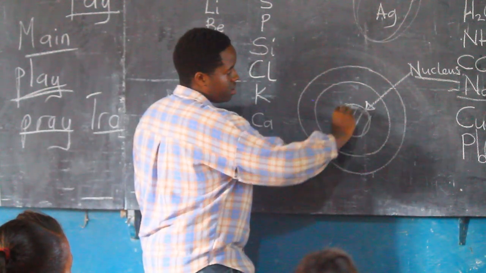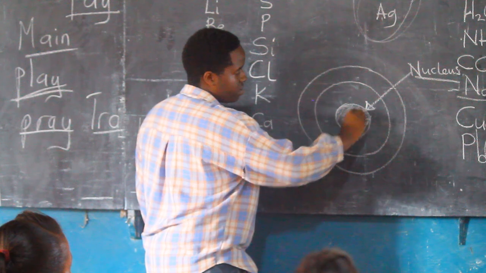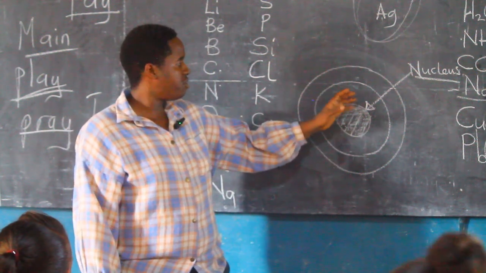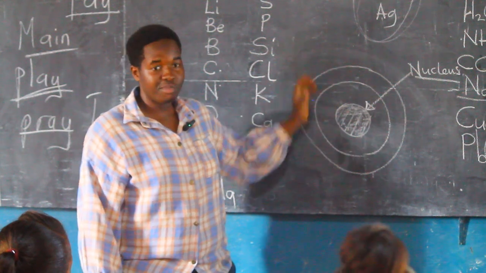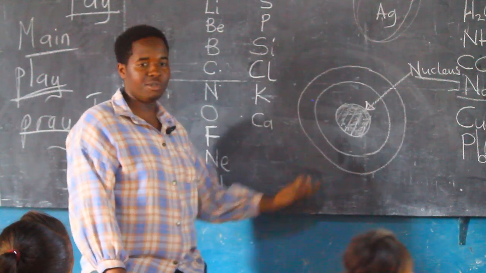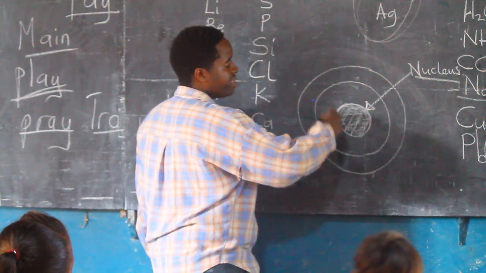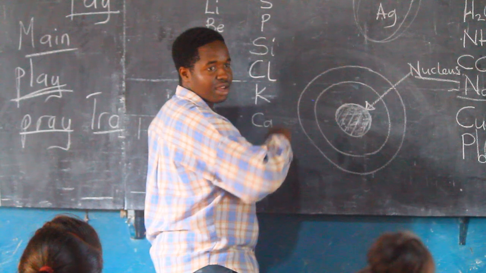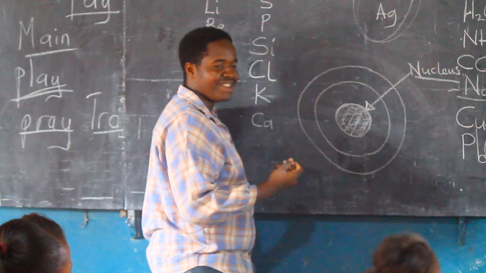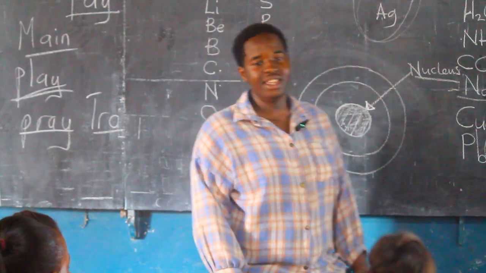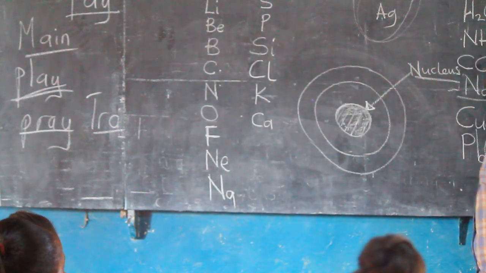The middle, you know, I think you've looked at our solar system where we have the sun and orbits with planets. That's how even an atom resembles it. So, assuming this is like our sun, then these are the orbits where the planets are. So, this is our nucleus, the sun in the solar system.